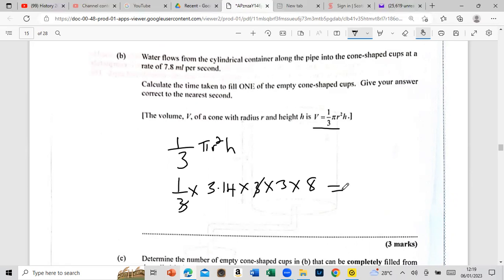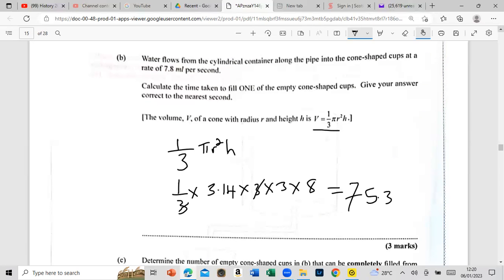So 3.14 times that times that. Technically that works out to about 75.36.